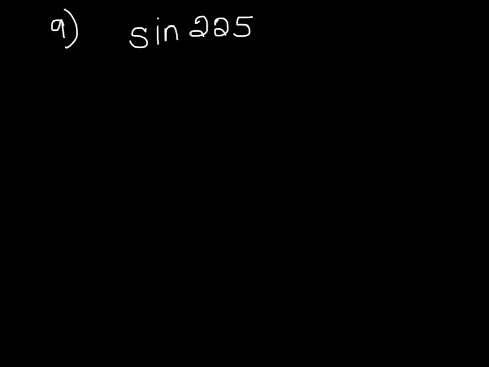I think number 9 was find the sine of 225. If it's not, then do something similar. 225 is down here in the third quadrant, and it's right in the middle. So we refer to the angle that's right in the middle in the first quadrant.